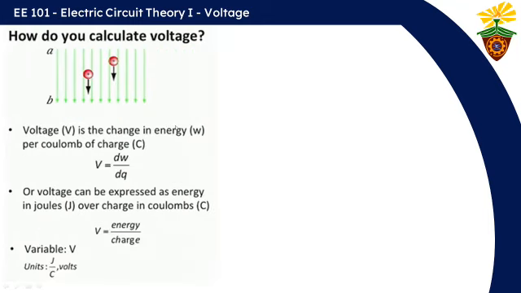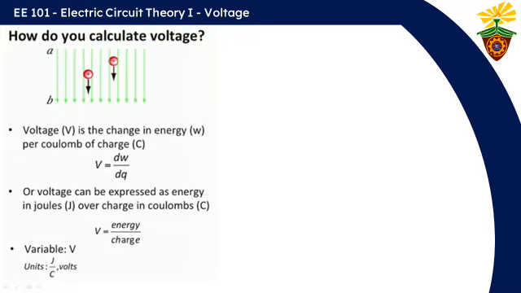Now, voltage is the energy that is either gained or lost per coulomb of charge, and because of that, we can use the definition to calculate voltage. So consider a charge moving from A to B. Voltage is the change in energy per coulomb of charge.